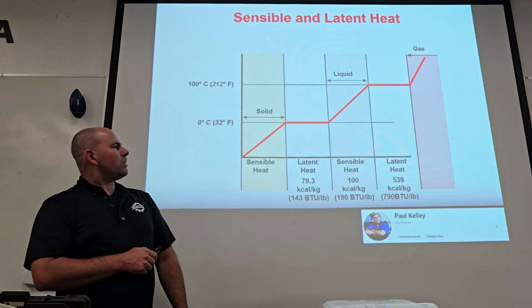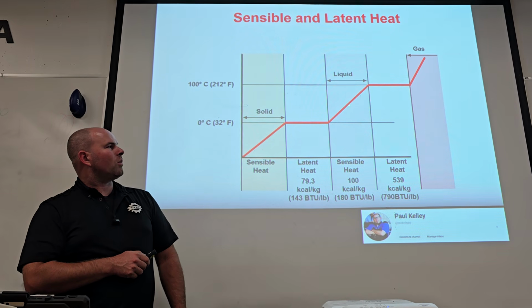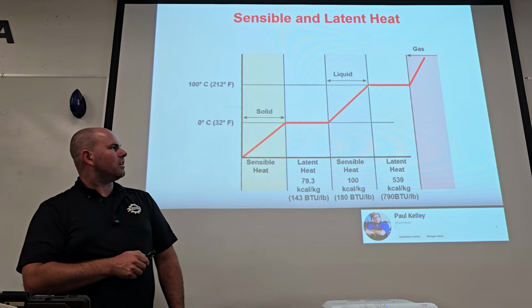All right, so what if we melt all the ice, we go to liquid, the liquid gets warmer until 212, then it's going to level off. How do we make the liquid go from all liquid to a gas? What would we have to do?